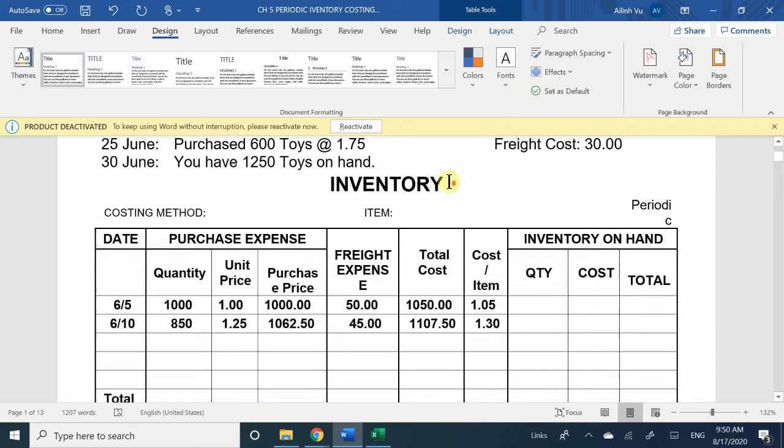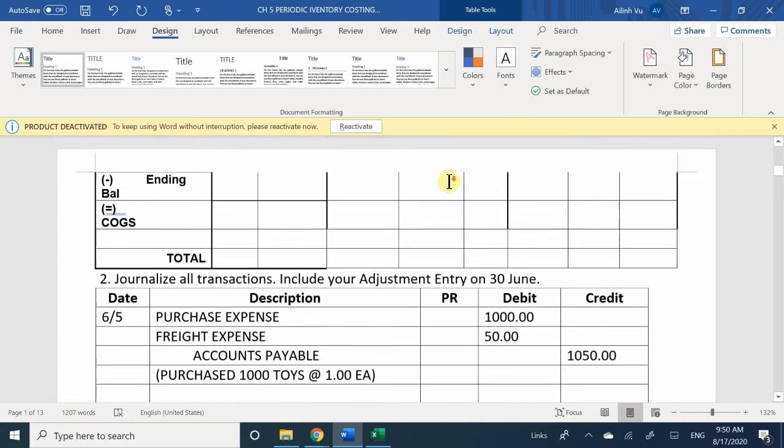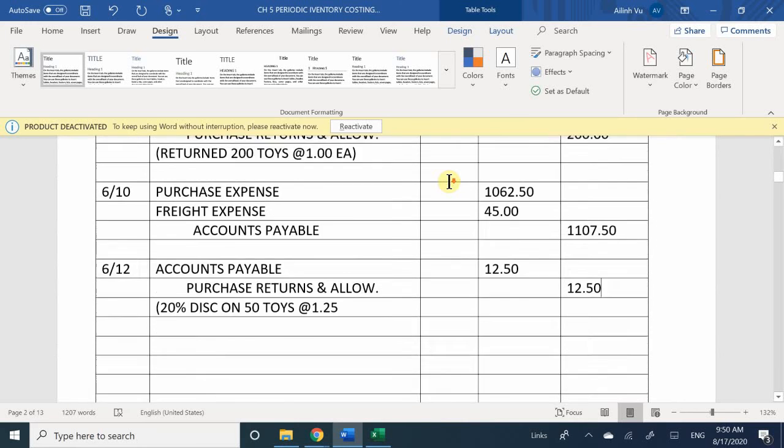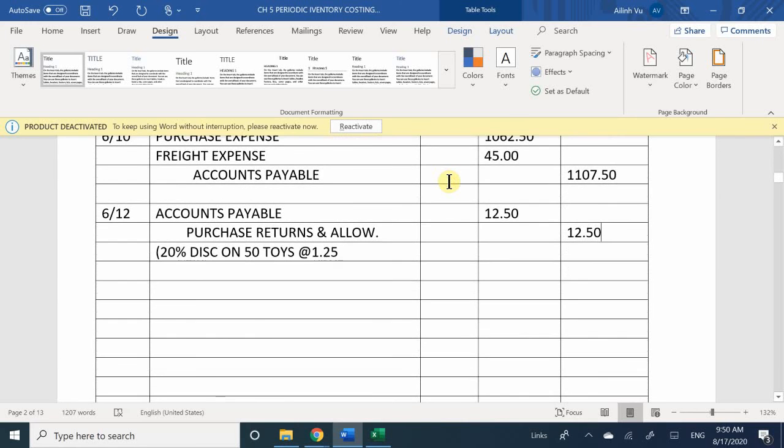Your general rule of thumb is to always journalize first because that's your transaction. At least lay down your accounts. Because the whole purpose of the inventory worksheet is to help you calculate your total amounts. So when you come back to the journal, you're able to post it here.